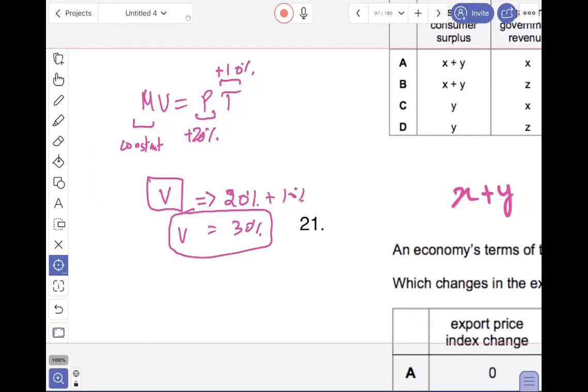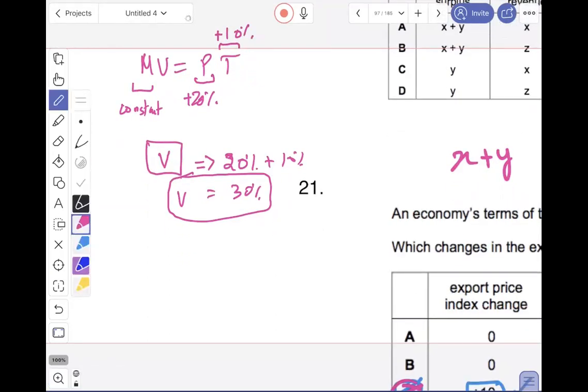But let's say I give you another one: x over y is equal to z. If x is going up by 5% and y is going up by 4%, what will happen to z? Z will be going up by 5 minus 4, or 1%.